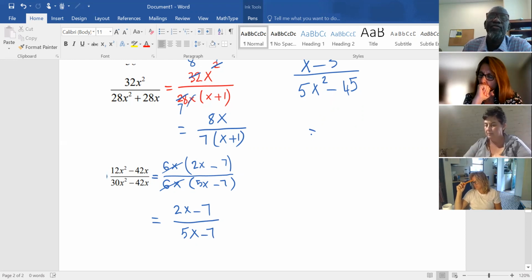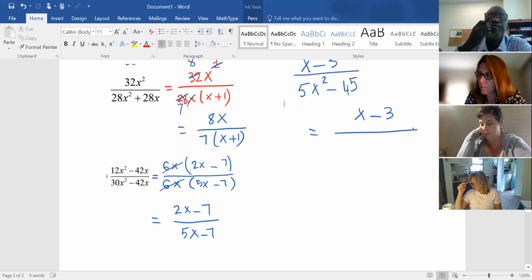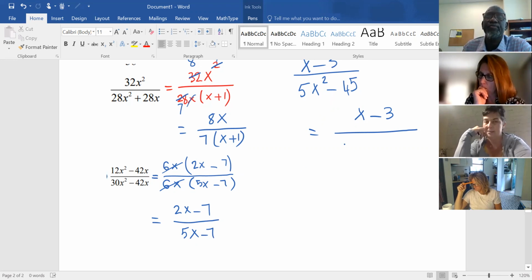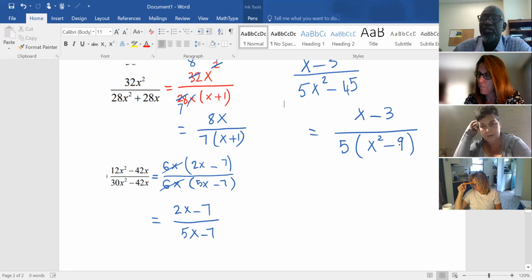So last one here, I have x minus 3. I can do nothing about it. But look now at the bottom, what can we factor out first? 5. It's 5 parentheses. What do you have left? x squared minus 9, thank you. Do we stop factoring here or can we proceed?